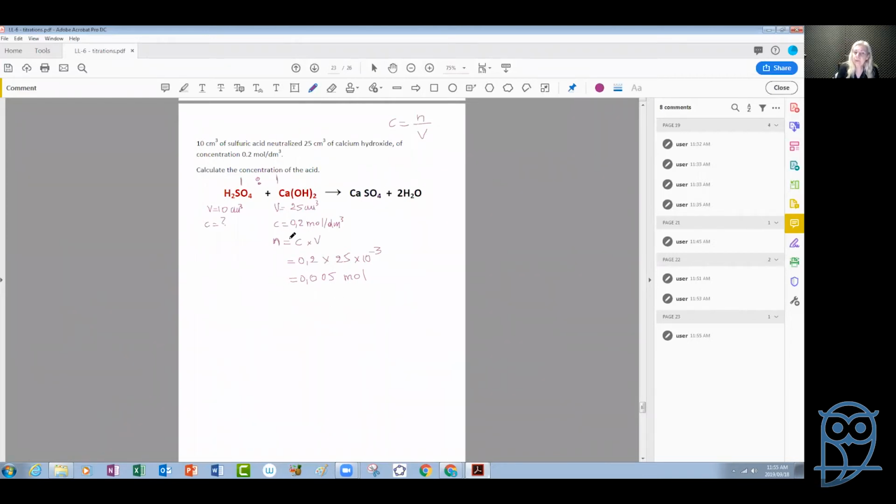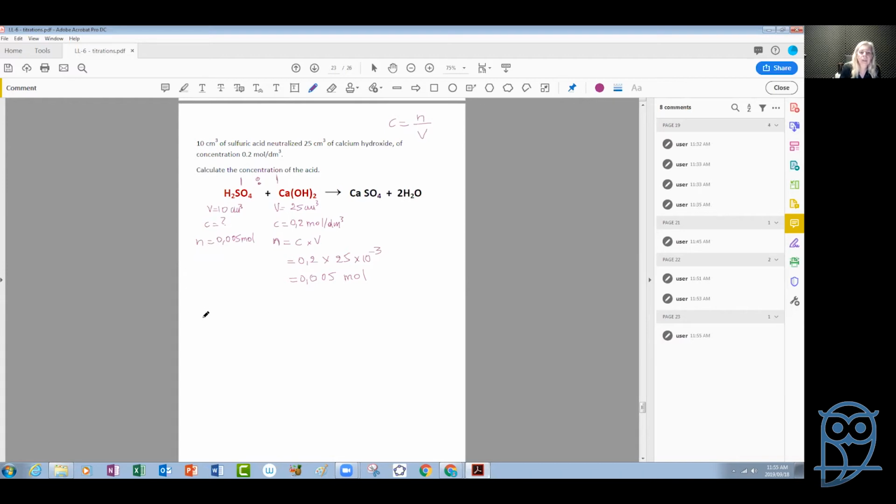So these are the number of moles of calcium hydroxide. Obviously, the same number of moles are the ones that react concerning the acid, sulfuric acid. So because it's in a ratio of 1:1 from the stoichiometry of this reaction, this is also 0,005 moles. So we have the amount of the acid, we have the volume of the acid.